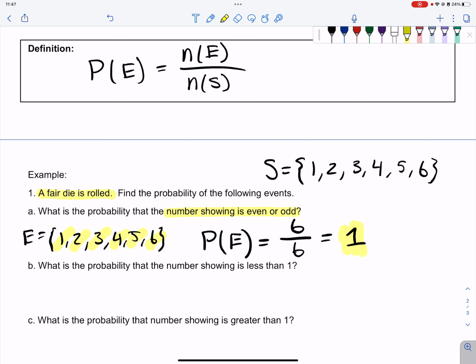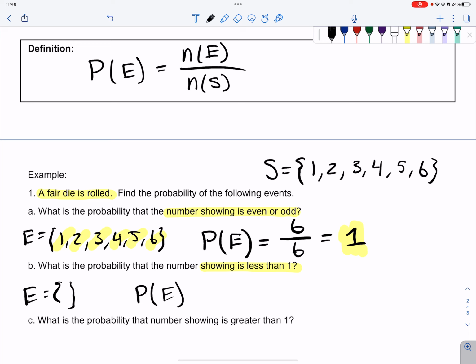The next one, we have what is the probability that the number showing is less than 1? Well, this event, what can I grab from my sample space that's less than 1? There's nothing to put in there. So I don't have anything in this event. It's empty.